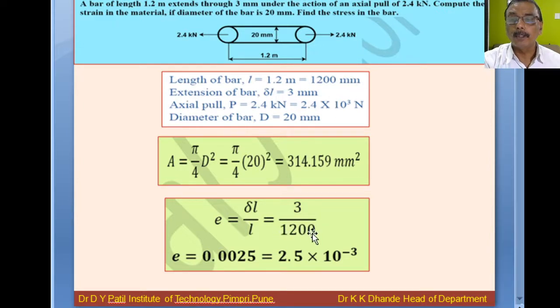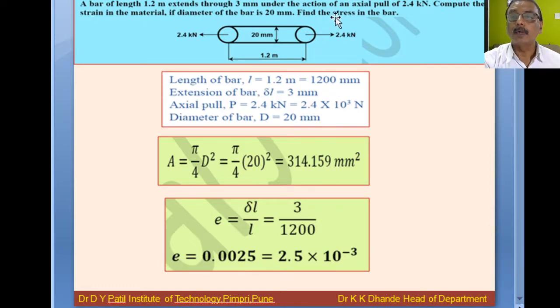We have put here this value, 1200 mm. So we will get here small e, strain, is equal to 0.0025. It means 2.5 into 10 raised to minus 3. It is a strain. So again here remember there is no unit.